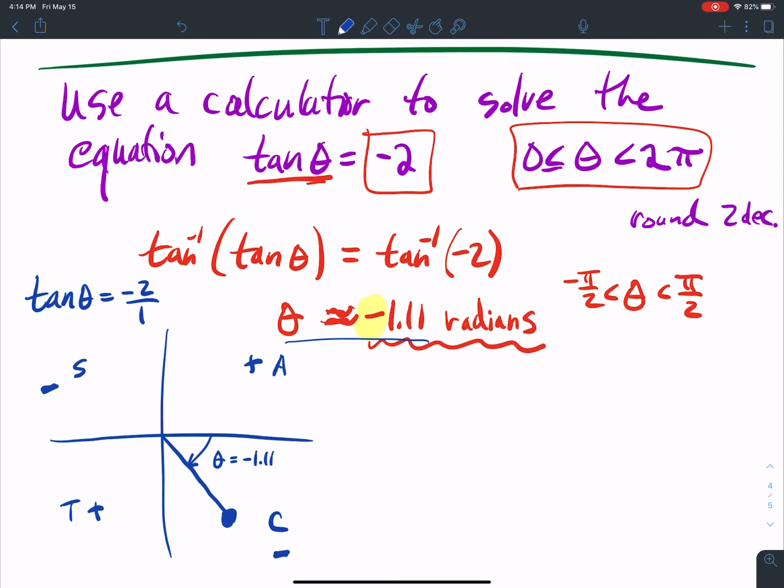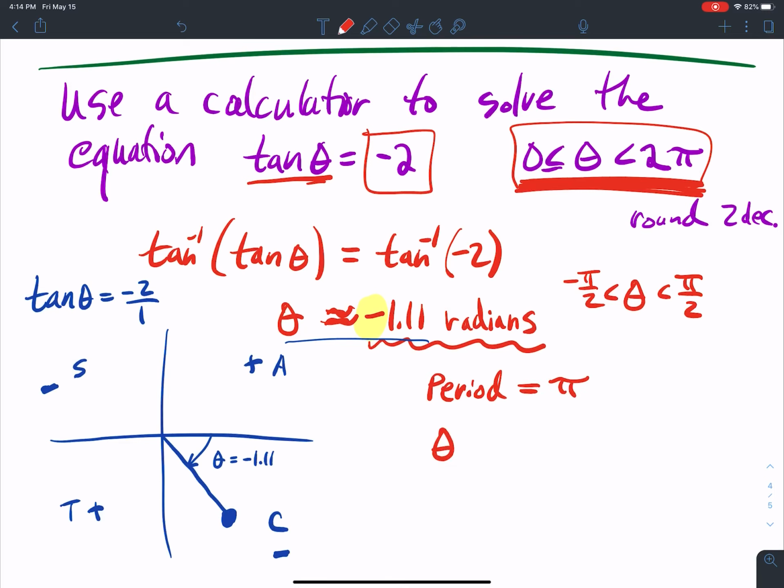Now, my solution is only for 0 to 2 pi. What do I know about the period for the tangent? The period for the tangent is pi. The period is equal to pi.